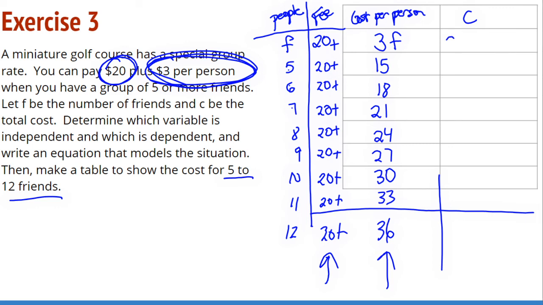Okay, I'm going to take the $20 and I'm going to add to that 3 times the number of the people in the group, the number of friends. So I've got 20 plus 15 is 35, and I've got 20 plus 18, which is 38. Now I could also see this as 3 times 7 is 21, plus 20 is 41. But I've broken it into these nice little parts so I can see what's happening here.